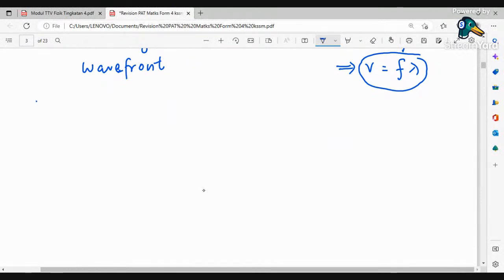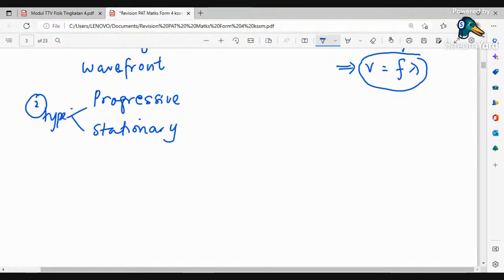And then you are also introduced to types of waves: progressive wave and stationary wave. For a progressive wave, the wave profile moves along with the motion of the wave.